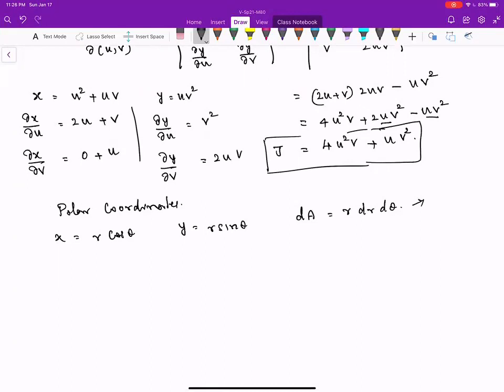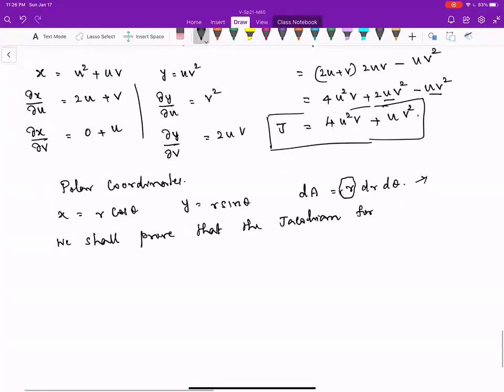Actually, this r is nothing but the Jacobian. So we will prove that the Jacobian for the polar coordinates, for Cartesian to polar, is r.